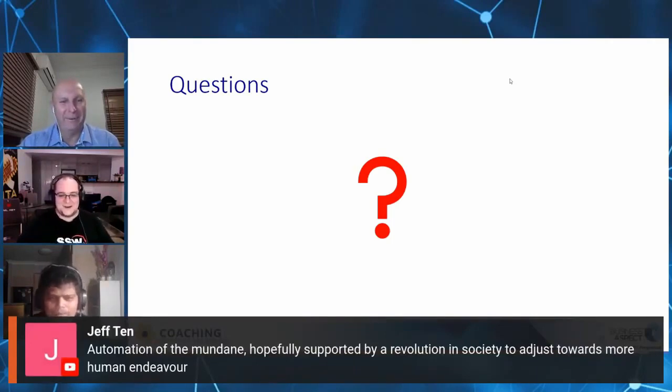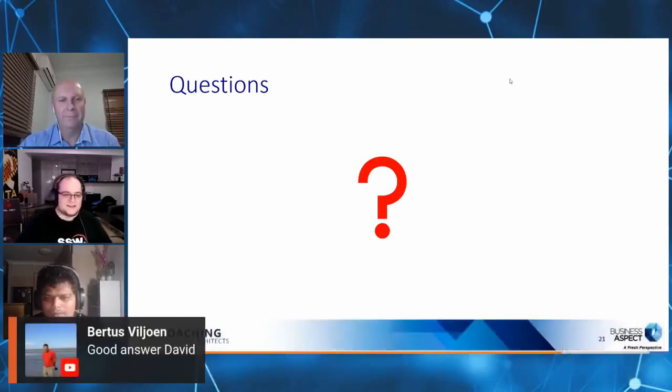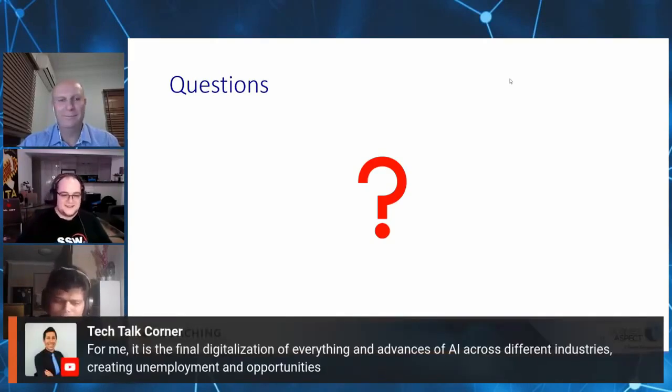Automation of the mundane, hopefully supported by a revolution in society to adjust toward more humane endeavor. For me, it's information and artificial intelligence, prior ones being internet, electricity, industrial revolution. And the last one is a good answer, David. So the David one was this one.